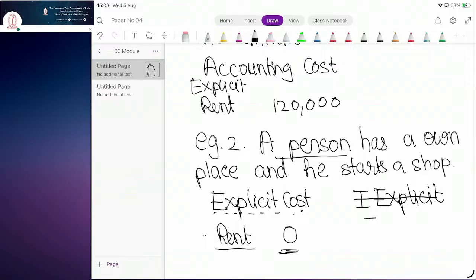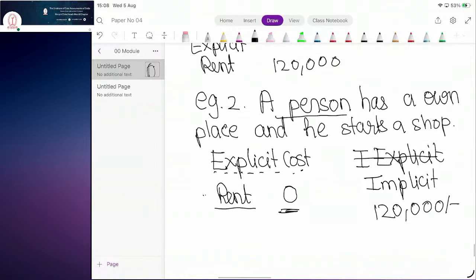You will still have to think like 1,20,000 rupees is what you would have earned, that you would have lost the opportunity to earn. So in economic cost, you will consider this implicit cost of 1,20,000. समझ लगा? Is the idea clear? Have you all got this idea?